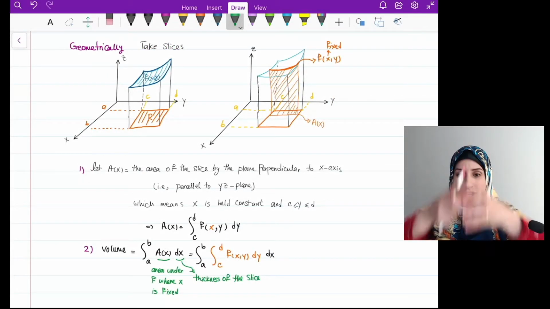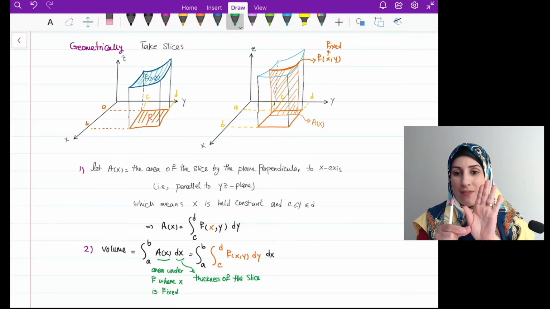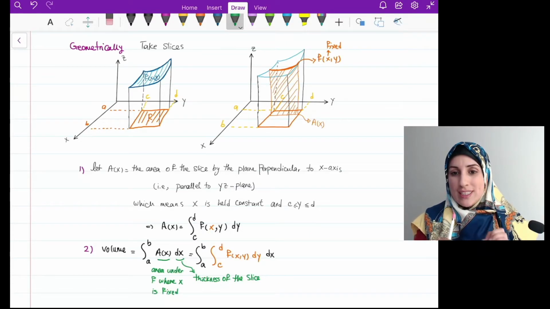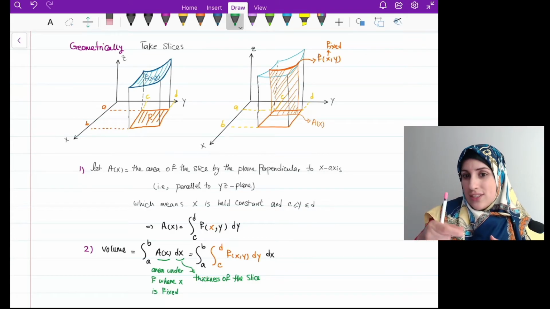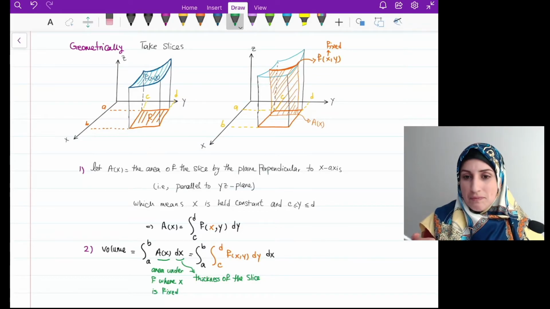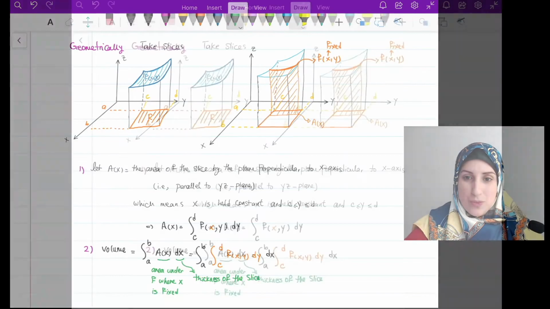We have a solid, we take a slice, and then we have the area, and then we have some thickness between all the slices, and we just add them up, considering the thickness times the area. That's what we get.